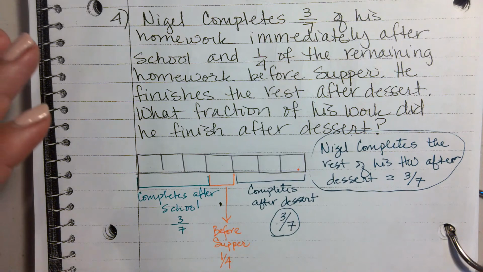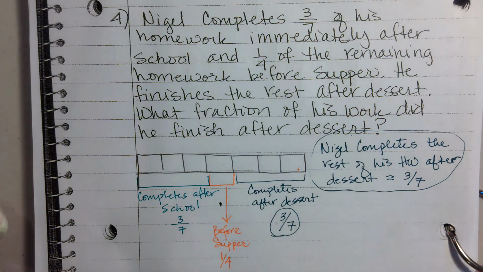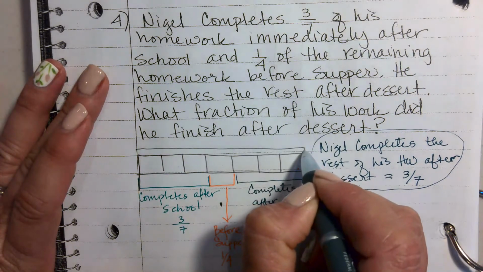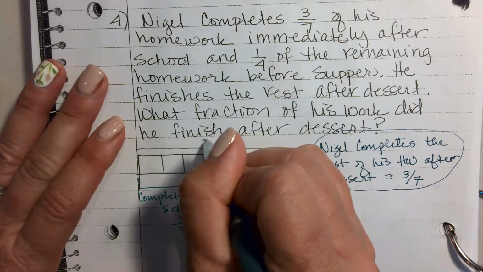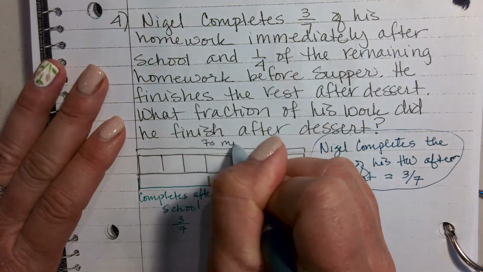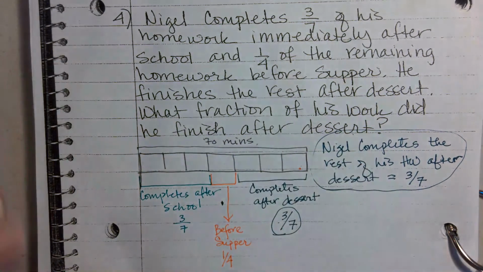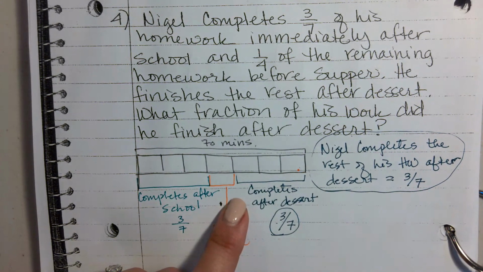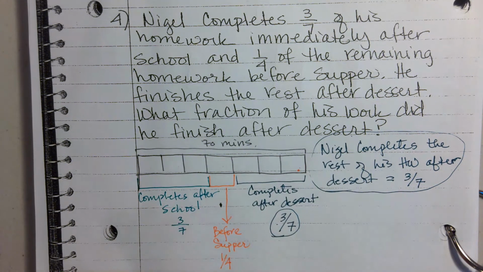Where should that go? So put 70 minutes above the diagram, right? This here equals 70 minutes, right? Okay, so now put 70 minutes here on your diagram. We just found out the whole, so we can label it above the tape diagram.